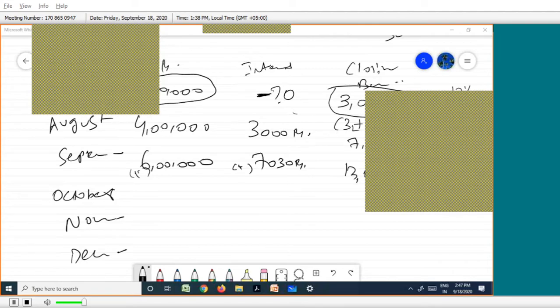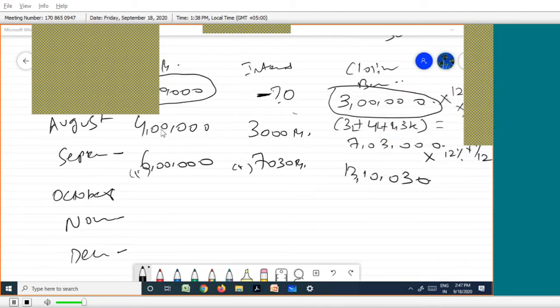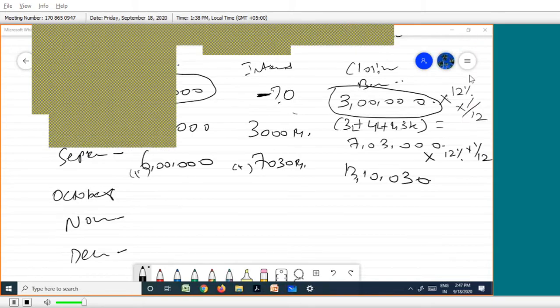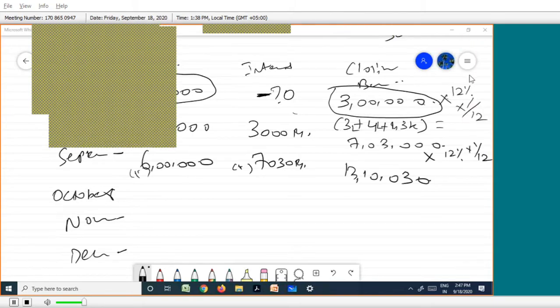So what happened in the next month? In August month they utilized 4 lakh rupees. They withdrew from the bank 4 lakh rupees. Now the point is, previous month how much they utilized? 3 lakh rupees. For that, interest this month they will charge. Banker will charge the interest in the present month, August. So 3 lakh into 12% into 1 by 12, 3,000 rupees will come.